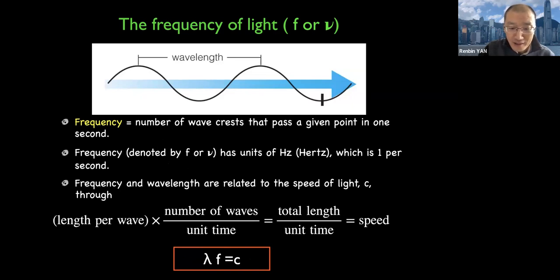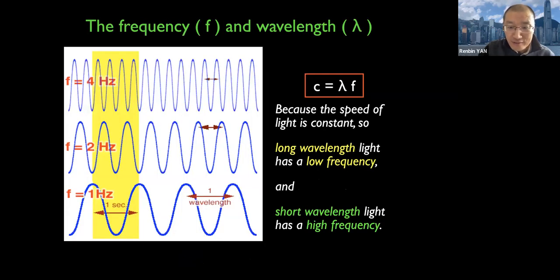And that's because the speed of light in vacuum is a constant, right? So the wavelength and frequency have an inverse relationship. When you have a longer wavelength, you're going to have a lower frequency.